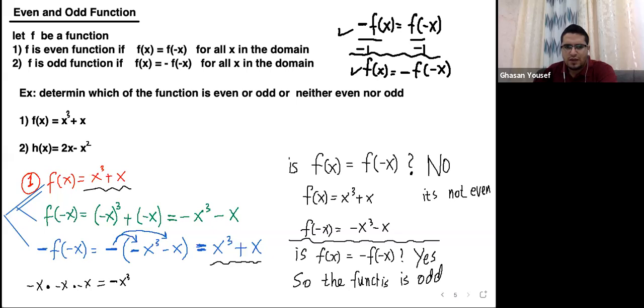Now we have to write the other function, minus f of minus x. This means we have to multiply the second one by negative. So we put the negative, open parentheses, copy this thing, and put it inside the parentheses.